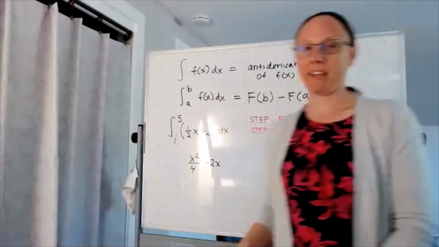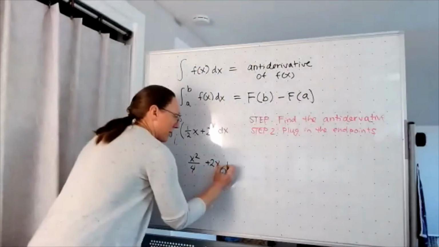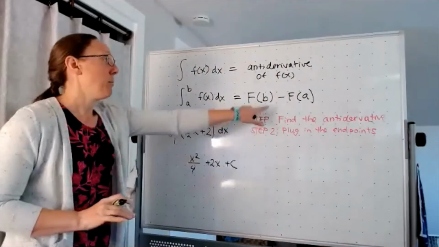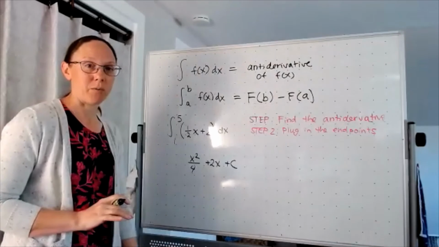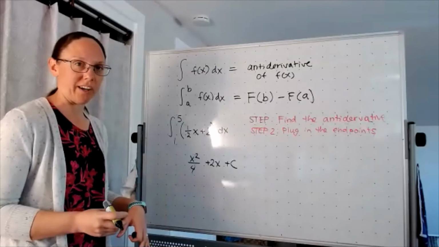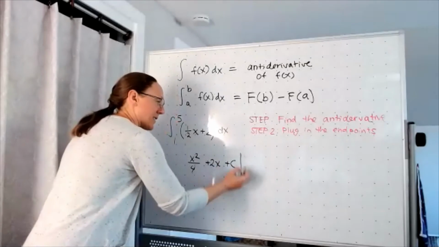Let's say that I found that antiderivative and I put a plus c on there because we were finding the antiderivative. But then that second part of the fundamental theorem of calculus told us that we were going to plug in the 5 and subtract off plugging in the 1. And notation-wise, we write that as a 1 and a 5.